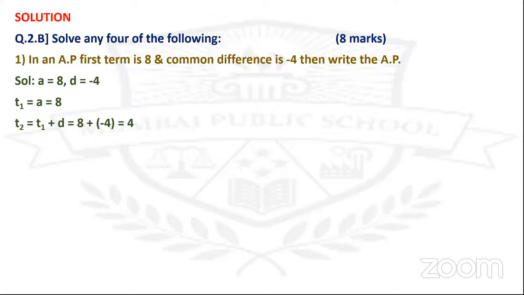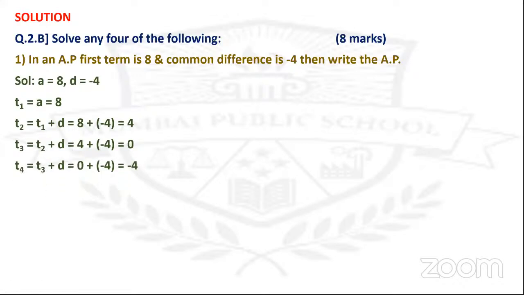Now one number is negative out of the 2. So that means you're going to subtract and put the sign of the greater number. So the answer here is 4. Then you've got T3. The value of T3 is T2 plus D. So that is 4 plus minus 4. One number is positive, one number is negative, so you'll subtract and get 0.